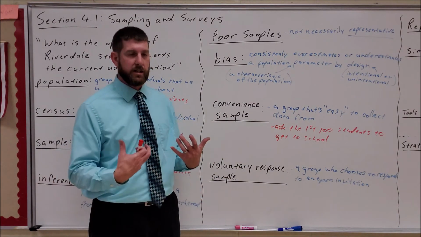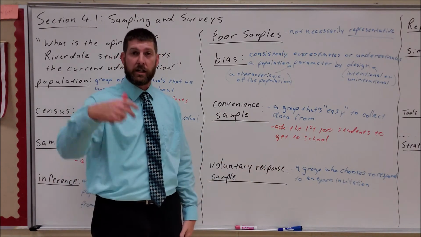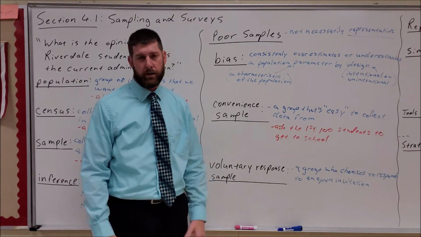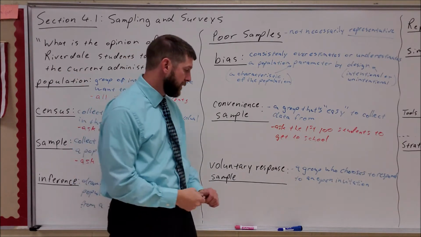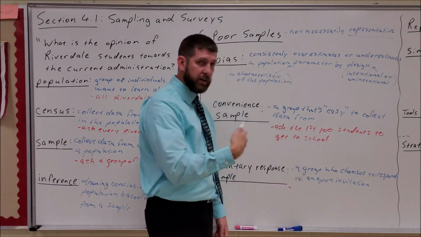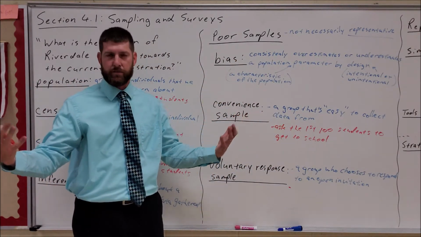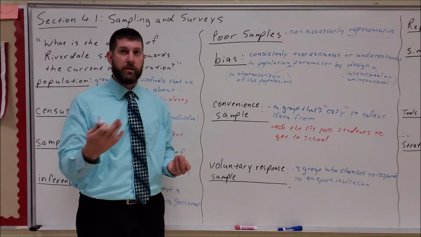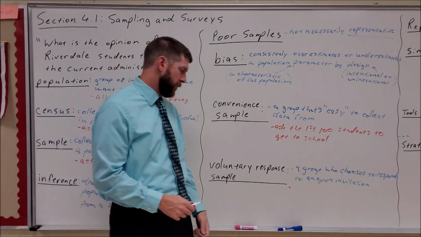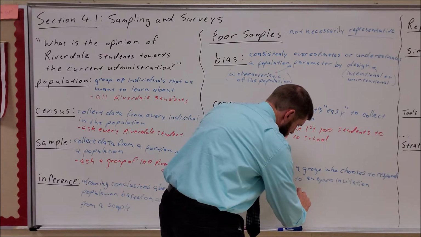So we could easily do one of these. We could just send an email to every single student in the school, right? And say, what's your opinion? All right, so that they would then volunteer to respond. It's an open invitation. Anybody can participate, but those individual students will volunteer if they want to respond. So that's what we could do.